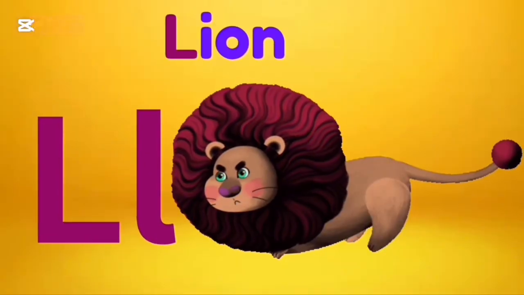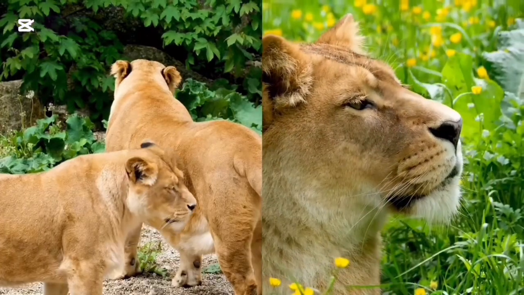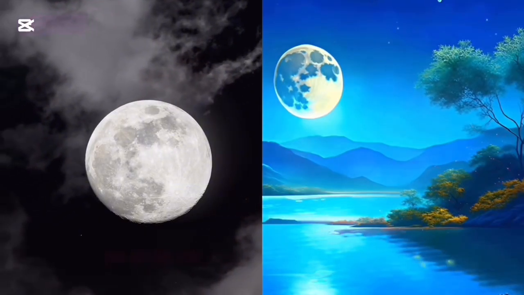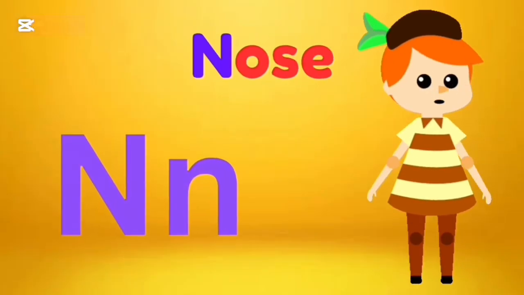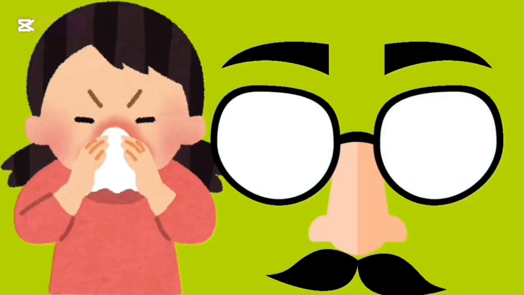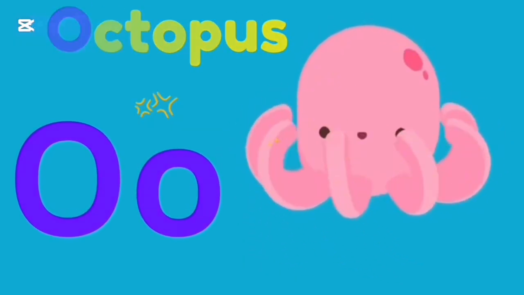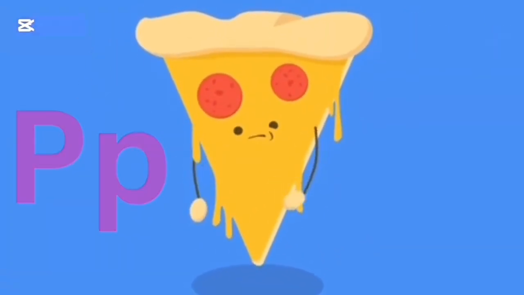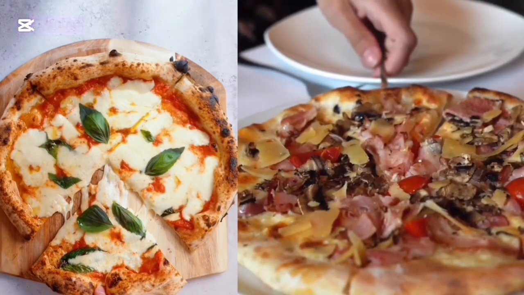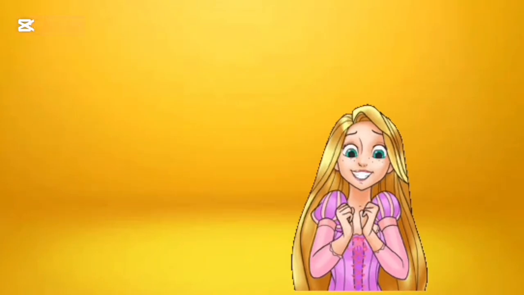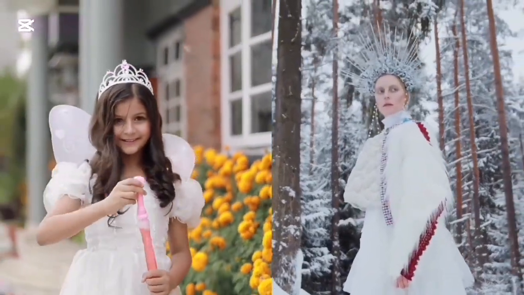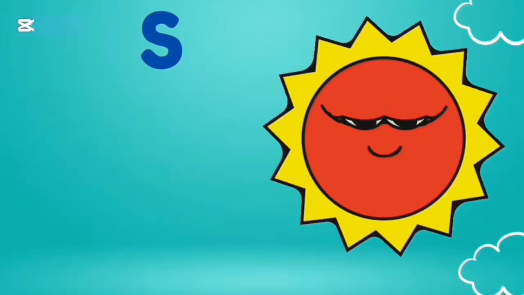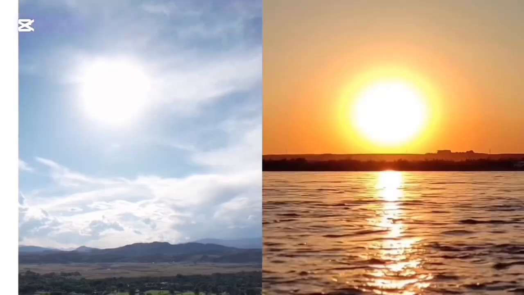Kite. L for line. Line. M for moon. Moon. N for nose. Nose. O for octopus. Octopus. P for pizza. Pizza. Q for queen. Queen. R for rabbit. Rabbit. S for sun.